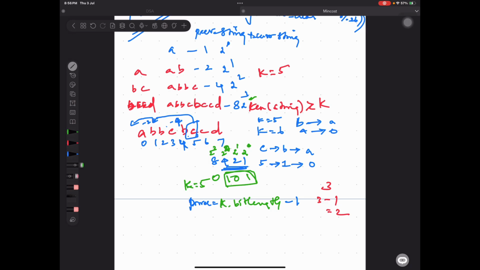So here the same way, that's why we have deducted the -1 from the bit length. Bit length is nothing but, for this k, how many bits to get this power. Basically it has 8 string. So now they have given k equals to 5.